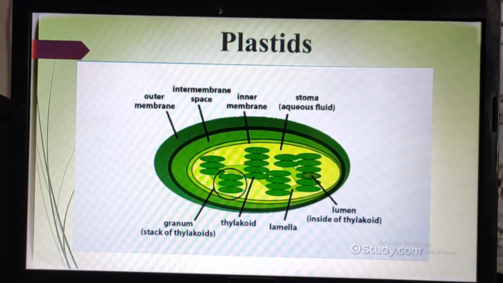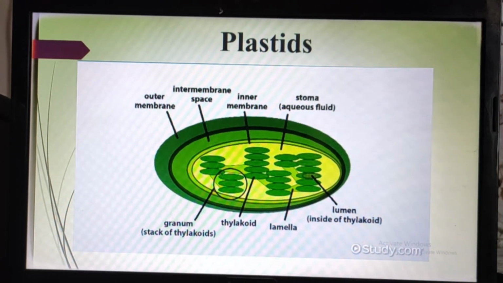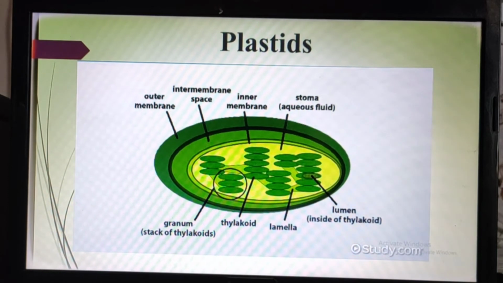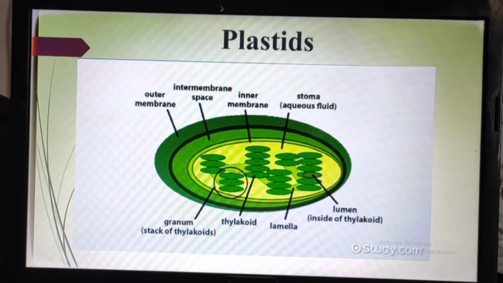We have already seen the mitochondria, and mitochondria have a double membrane, that is, the outer membrane and the inner membrane, and both membranes are divided by the intermembrane space. Exactly the same as here in plastids, the outer membrane is also present. You can see this diagram.